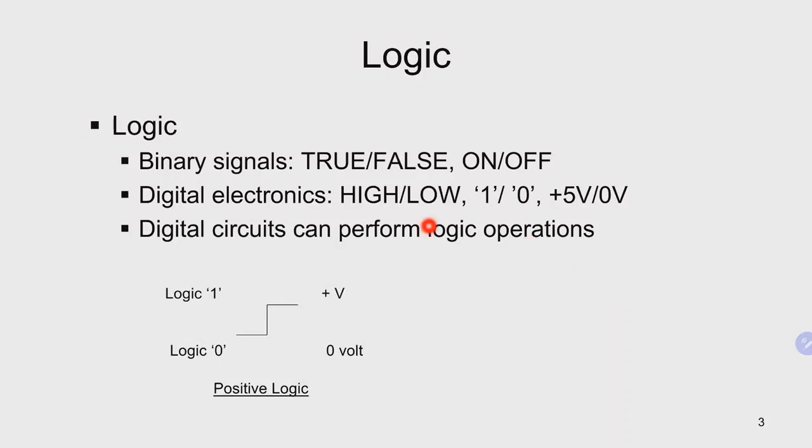Instead of using high or low, we also use 1s or 0s as the logic levels for digital electronics. So logic 1, we have a positive voltage. Logic 0, we have 0 voltage. That is the normal definition that we use in digital electronics.